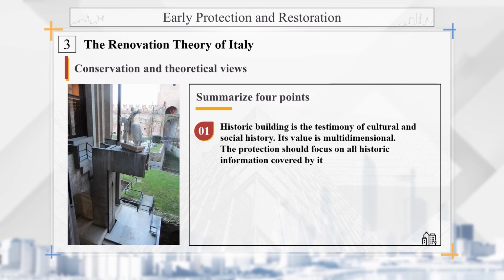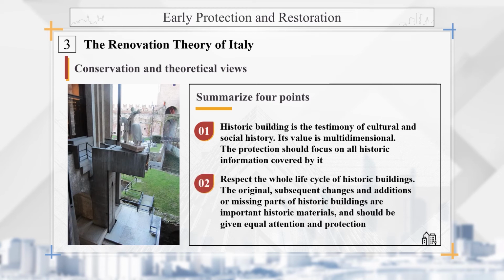Firstly, historic building is the testimony of cultural and social history. Its value is multidimensional. The protection should focus on all historical information covered by it, not only the purity of its style and integrity of its composition.